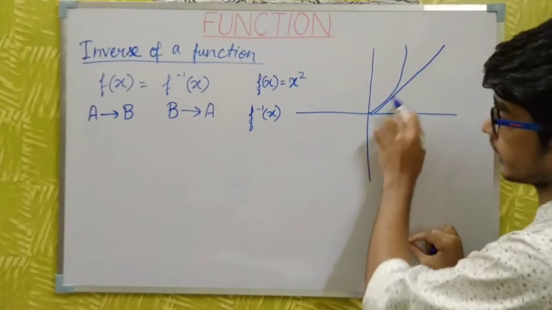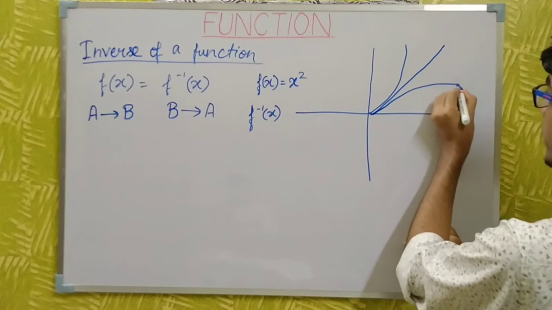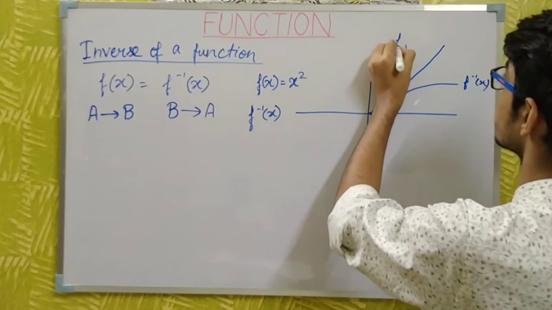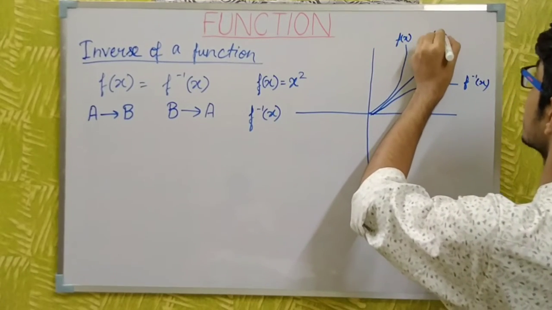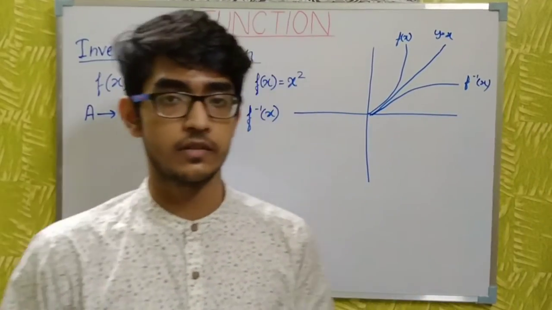So according to this line, its reflection will be like this. So this is f inverse x in the first quadrant and this is f(x) in the first quadrant. This is y equals x. Okay, now this is the concept of the invertible function graph.